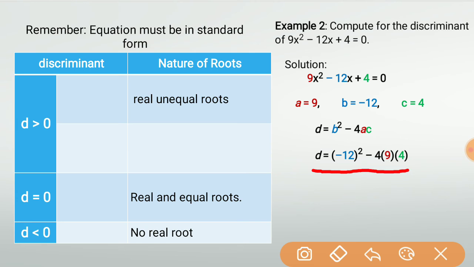What are we doing here? Look, in our formula, first we have b square. Since the value of b is minus 12, here I am taking minus 12 square.